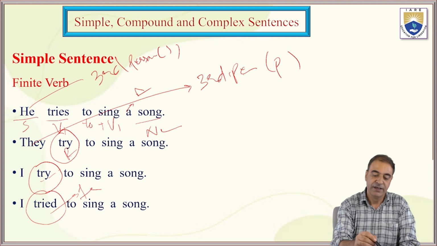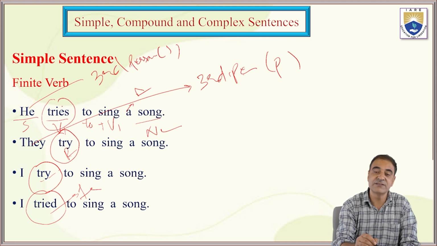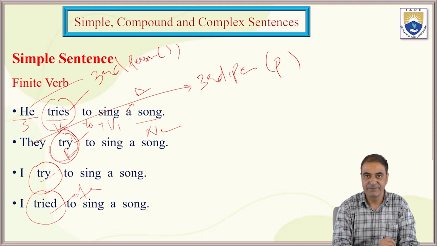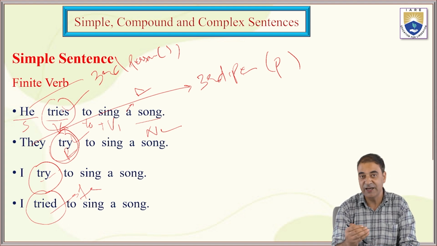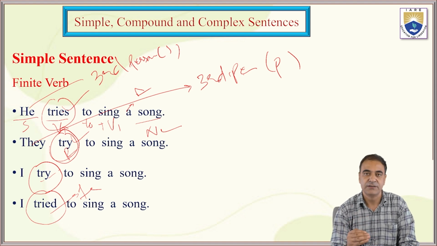Now look, here in the first sentence we have tries, and in the second sentence we have only try. Therefore, we can say that tries and try are finite verbs because they change when we change the number of the subject.